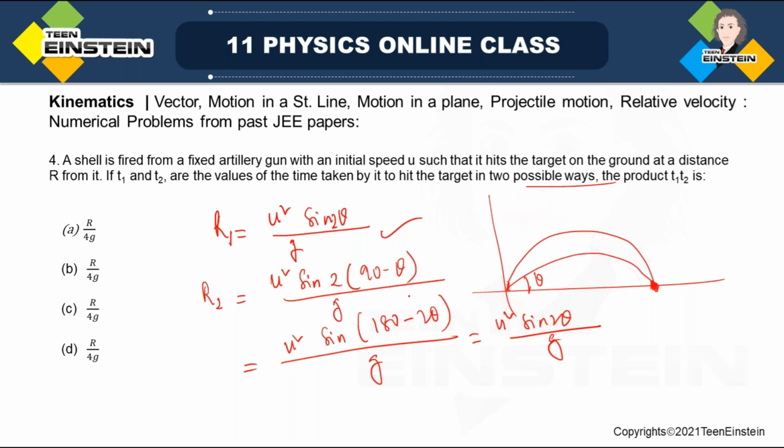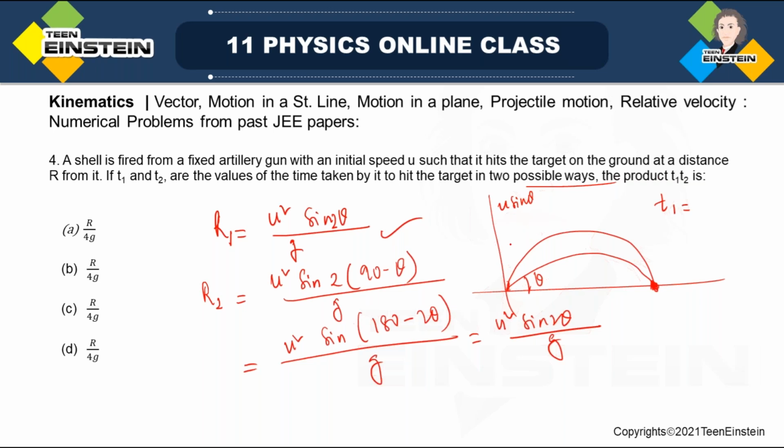Okay, now we have got this idea. You have to find out the time. So t1 is what? One has vertical velocity u sine theta, and another one has velocity u cos of 90 minus theta. Sorry, this is sine, sine of 90 minus theta. In case of theta, you have vertical velocity u sine theta.